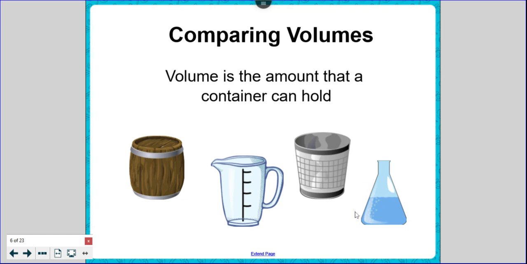How much water could this, I think what you call an Erlenmeyer flask, hold? How many cans or empty bottles could a trash can hold, a regular trash can? So again, volume is the amount that a container can hold. And containers that are different sizes can hold different amounts.